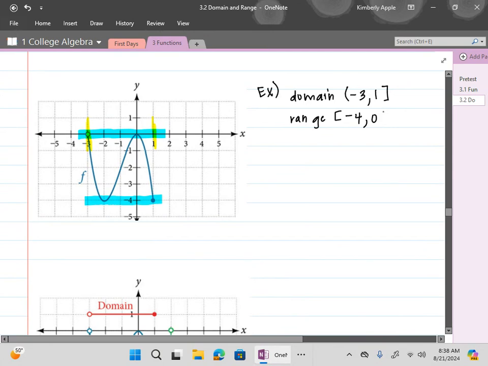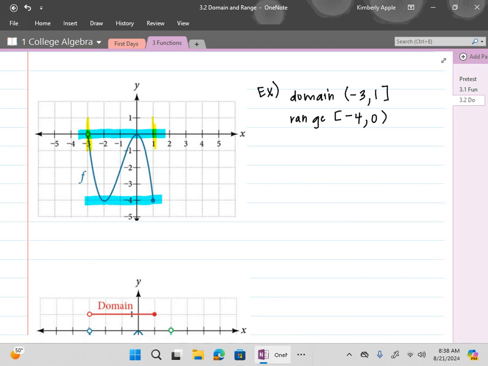So what if the dot that's on -3, 0, what if it was dropped down to like -3? If there was an open circle, okay, that's a good question. So if there was an open circle here, would you count that, or would you count the highest point? And if you did count the highest point, would it be open or closed?